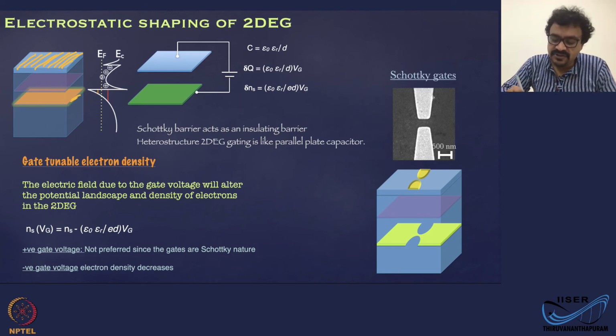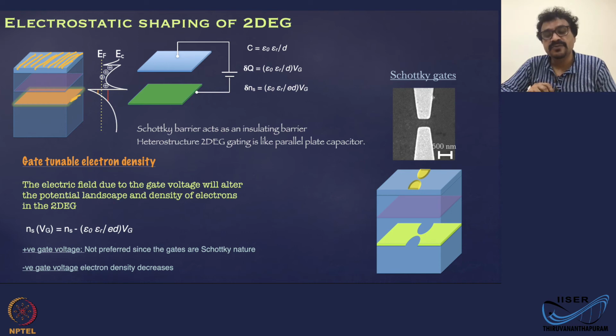So whatever voltage you apply on this top plate with respect to the electron gas can change the carrier concentration, which is delta ns, which I have written here as the change in carrier concentration, which is proportional to this gate voltage.